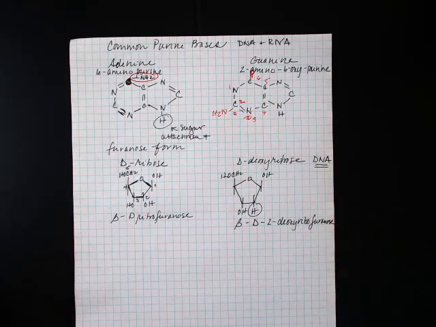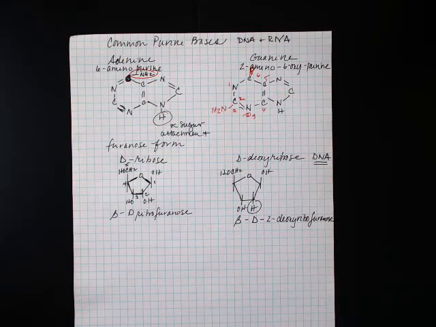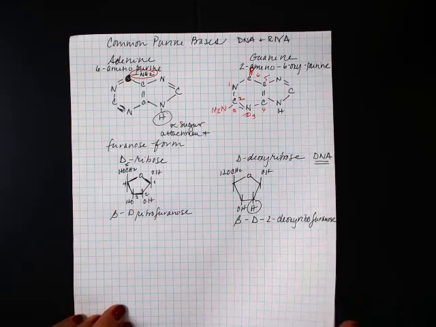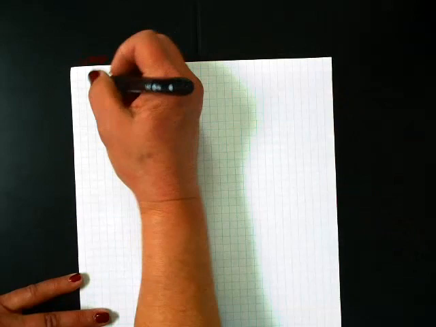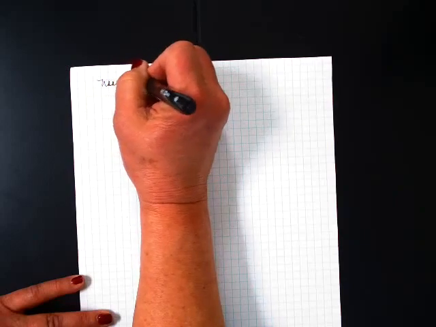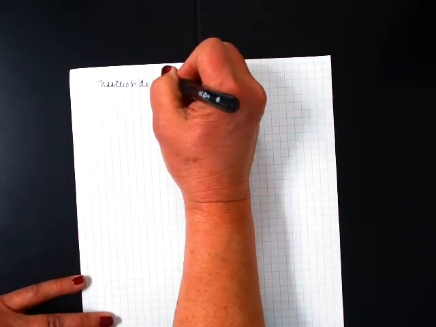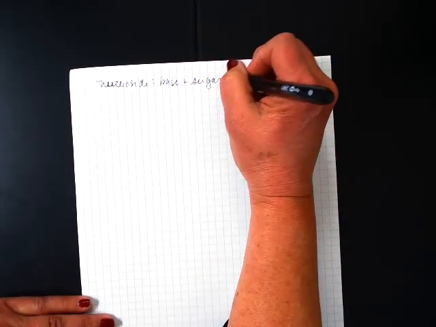Okay, so we've covered the basics here, basic components that come together to form a nucleoside, and so that's what we're going to draw next. Nucleoside, well actually we're going to draw the nucleotides, but let's define nucleoside, and this is a base plus a sugar that are linked via a glycosidic bond.